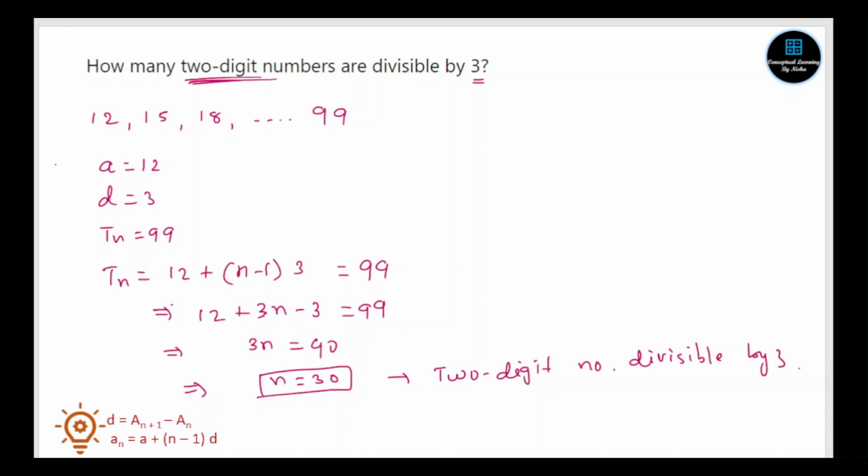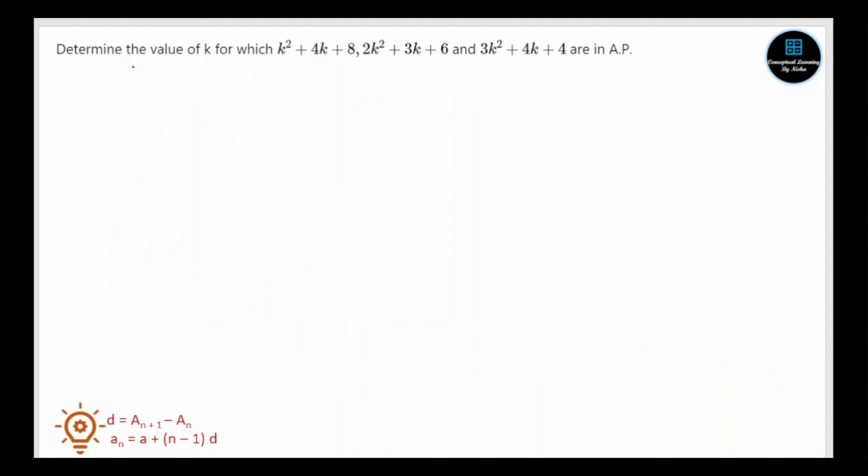Perfect? Yes. Okay. Now we have to find the value of k for which these 3 terms are in AP. So these are the terms of the AP. Interesting question. So what we know, the common difference is a(n+1) minus an, the next term minus the previous term.